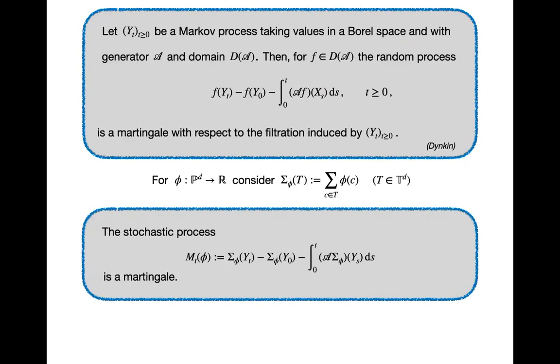So in our case, this Markov process is the splitting tessellation process, and we would like to apply this lemma, or this martingale property, to the splitting tessellation process. And the first thing that we will do is introduce an interesting class of functionals. Namely, we fix a function that maps spherical polytopes to real numbers, and then we sum over all cells of this tessellation and apply this function to each of these cells.